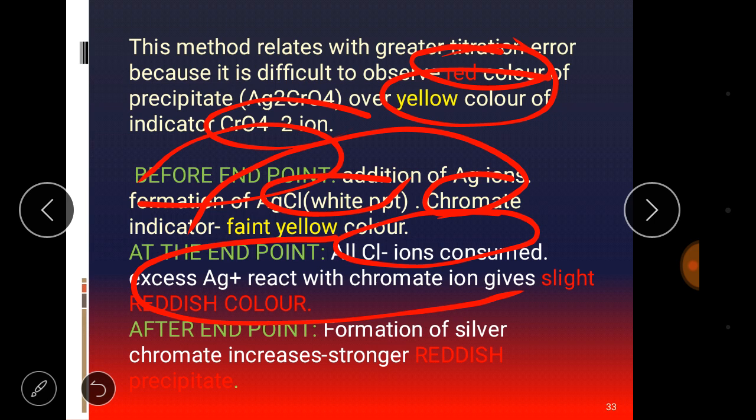After the endpoint, the excess silver reacts with chromate to produce silver chromate, so the concentration of silver chromate increases, leading to a stronger reddish precipitate.